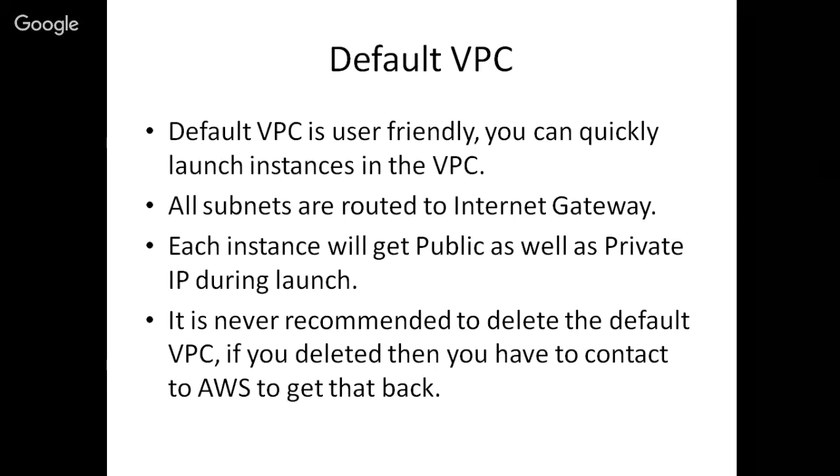It will be easier for a user to just go into the EC2 console, launch an EC2 instance and start working. All subnets are routed to the internet gateway. In the default VPC of Amazon, all the subnets launched under the VPC are routed to the internet gateway. If you launch any instance, each instance will get a public address and a private address, and you should be able to access the internet without restriction initially.